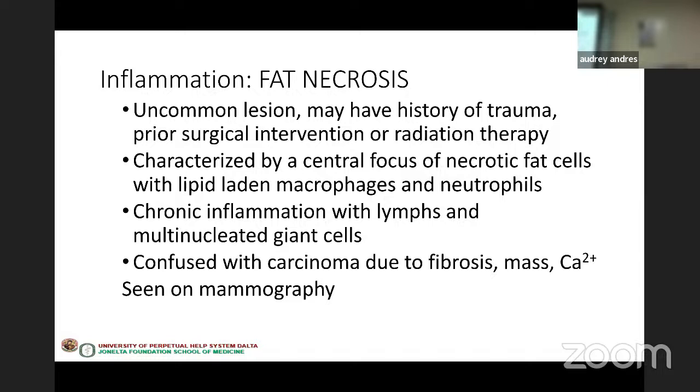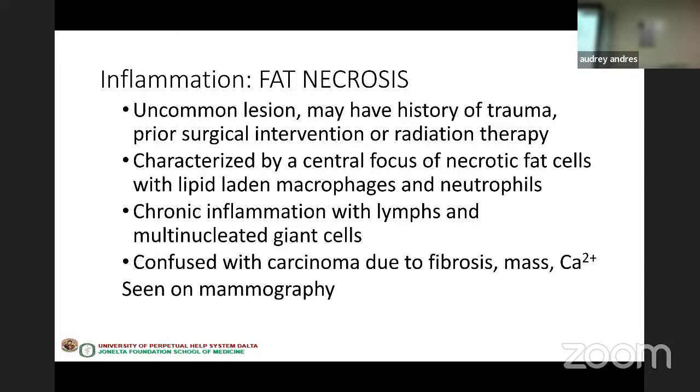Another one is fat necrosis. It's uncommon and usually these patients present with a single trauma, previous surgery or previous radiation therapy. So what happens during fat necrosis, focus on necrotic fat building at 5 millimeters.